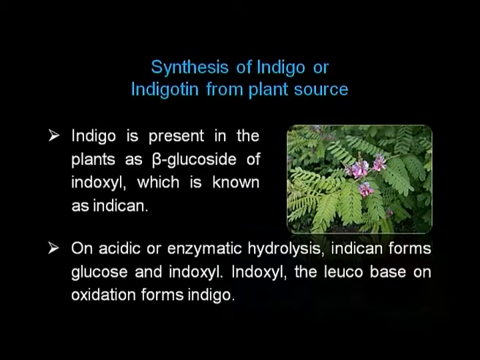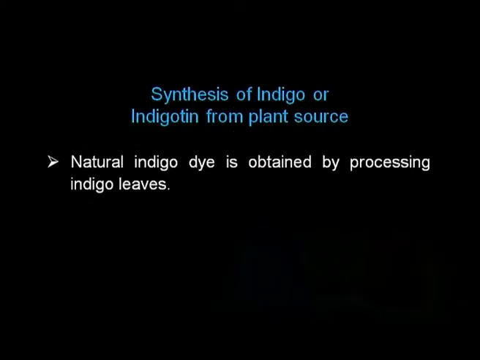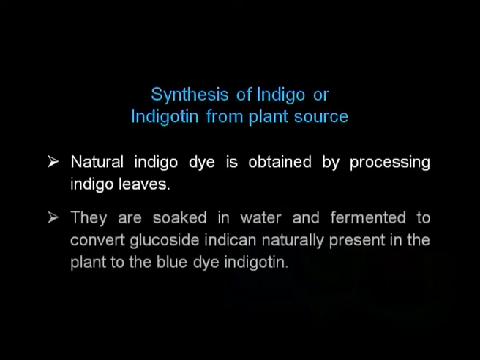On acidic or enzymatic hydrolysis, indican forms glucose and indoxyl. Indoxyl, the leuco base, on oxidation forms indigo. Natural indigo dye is obtained by processing indigo leaves. They are soaked in water and fermented to convert glucoside indican naturally present in the plant to the blue dye indigotin.